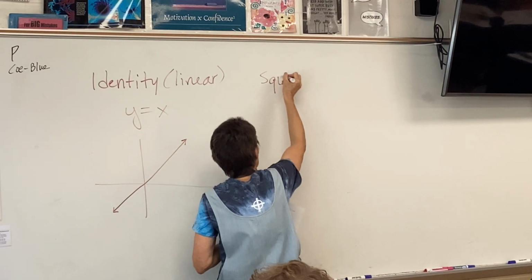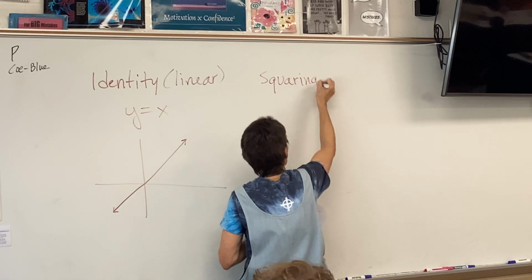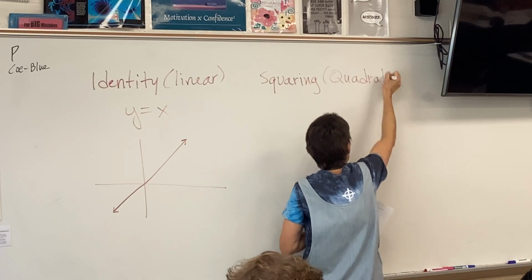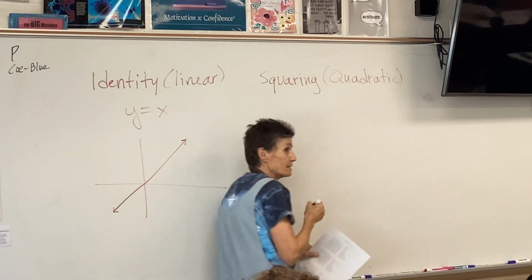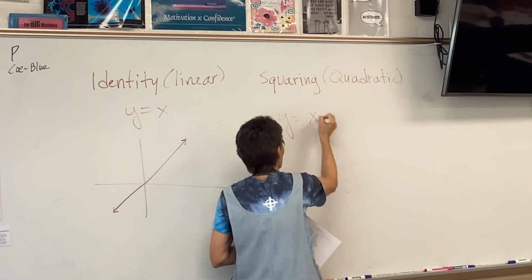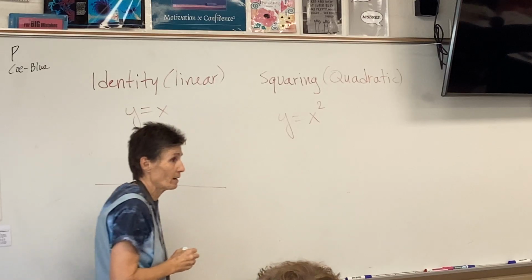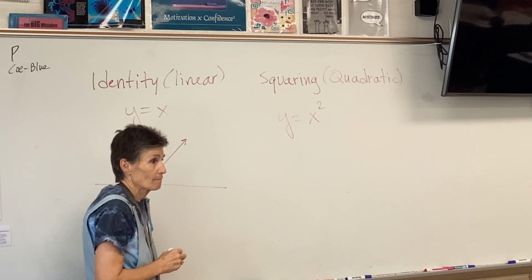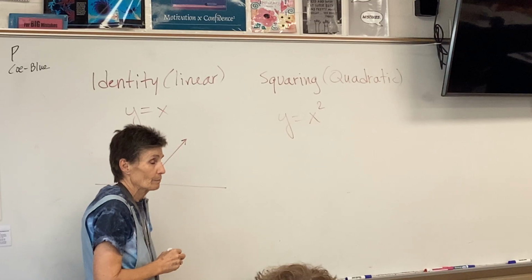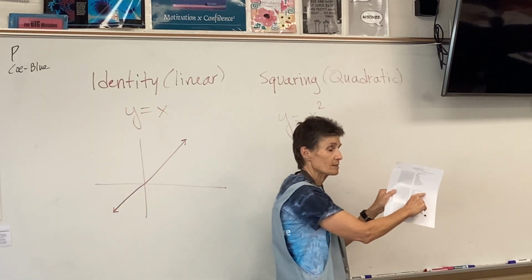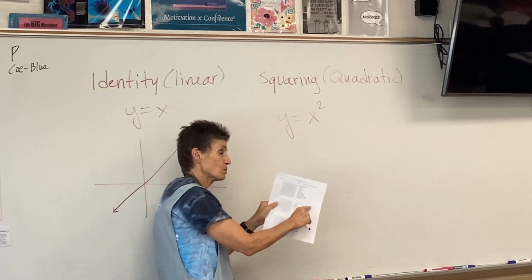Now we have the squaring function, which is also called the quadratic. That might be easier for you to remember, but it is the same thing, squaring. And its equation is y equals x squared. So on the BFF sheet, there's a place for you to write the equation. It says y equals, and put x squared.